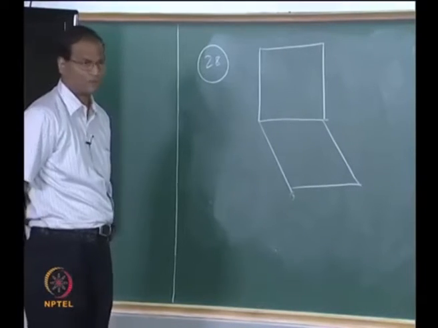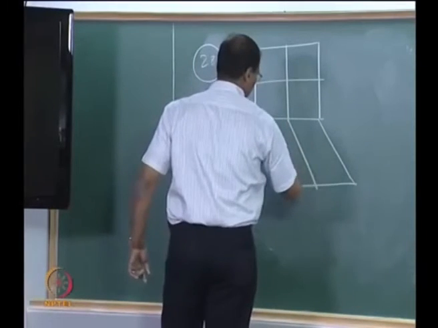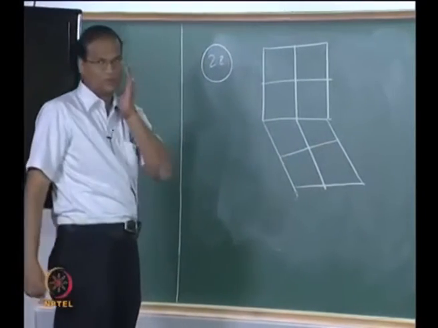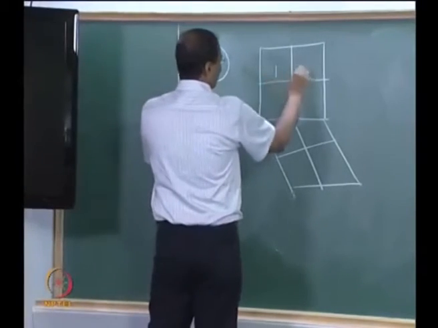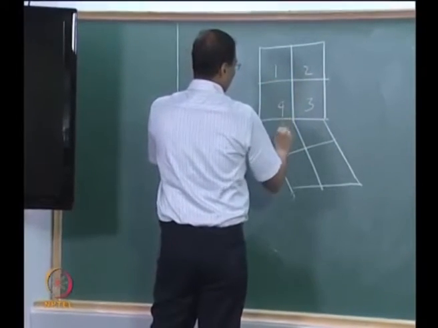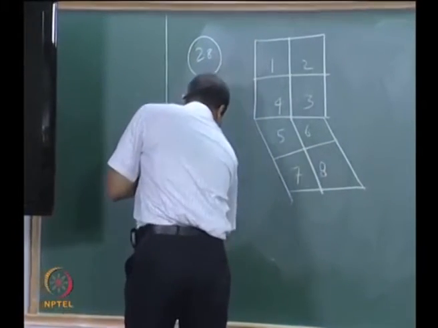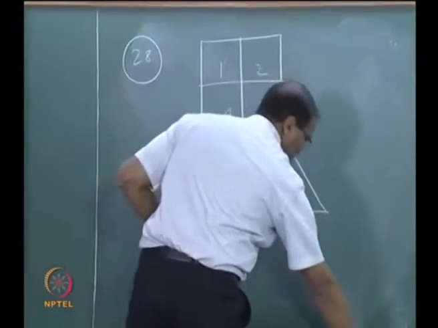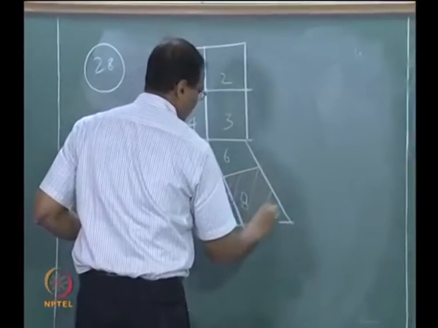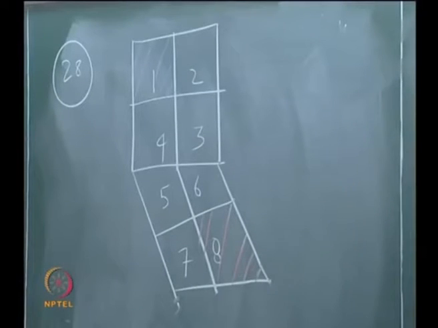Surfaces 1, 2, 3, 4, 5, 6, 7, 8. Get F1 to 8, and quiz 2 is over.